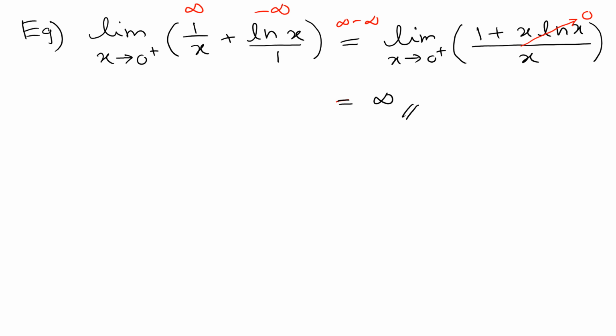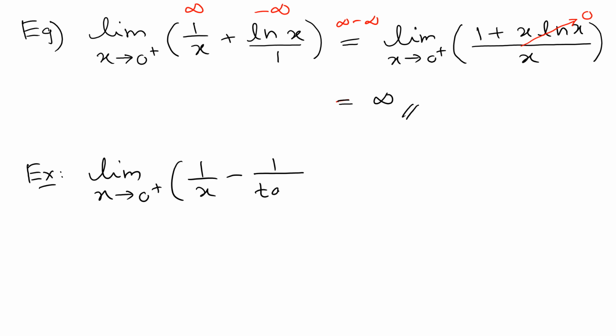I'm going to give you a few more problems to try. Let's say I'm going to give this as an exercise: limit as x goes to 0 plus of 1 over x minus 1 over tan inverse x, or arctan.